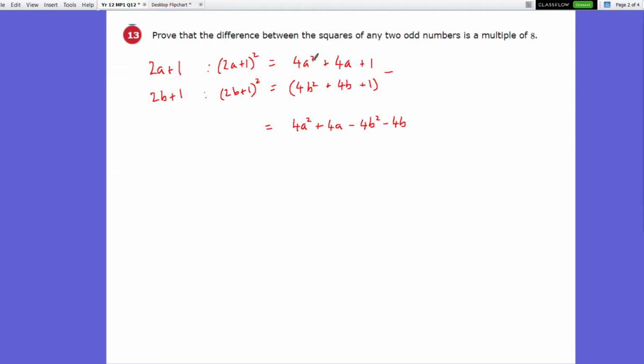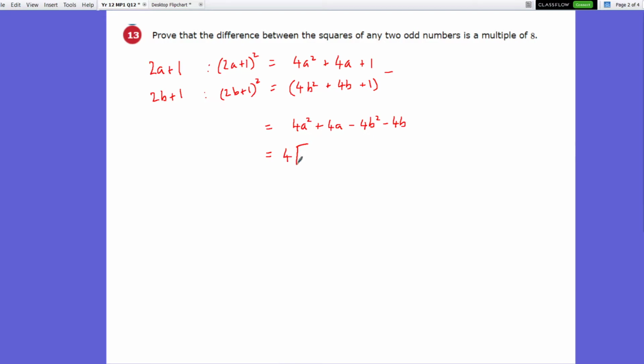Okay, so literally the ones will cancel when we subtract. So if we factorize this out, it's all a multiple of 4, so let's take the 4 out first.